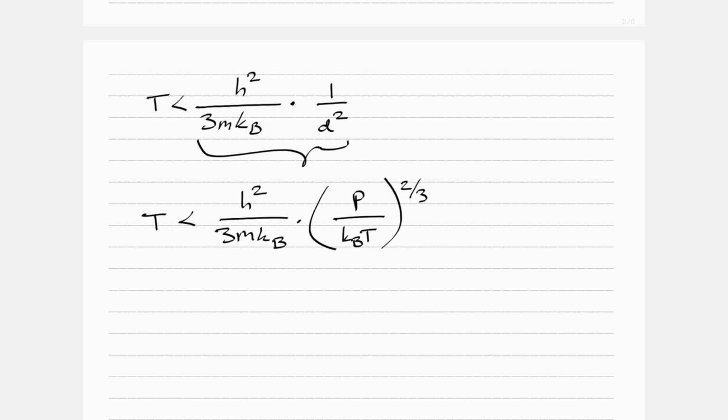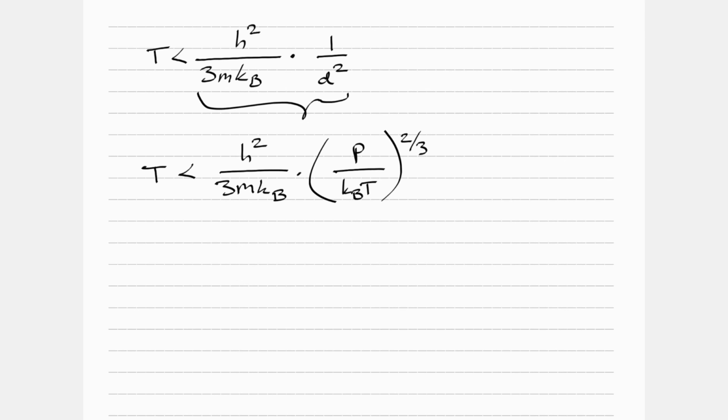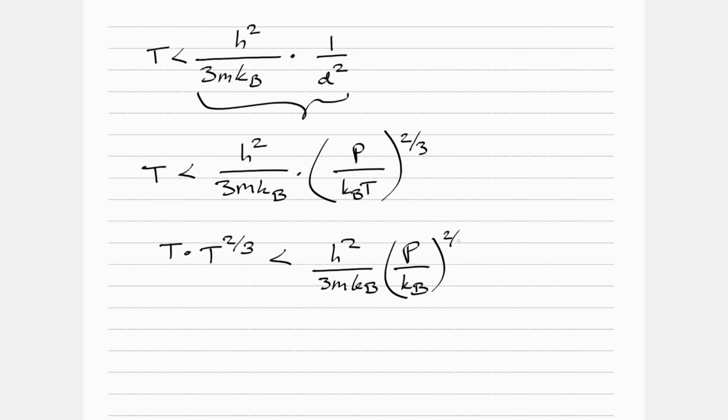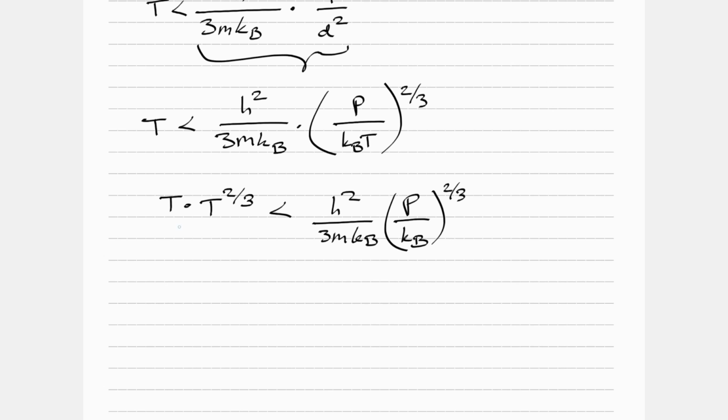T to the minus 2/3 over here means let's multiply both sides by T to the 2/3. So we have T times T to the 2/3 is less than h squared over 3m kB times P over kB to the 2/3. And T times T to the 2/3 is T to the 3/3 plus 2/3, which is 5/3. So T to the 5/3 is less than h squared over 3m, and then P to the 2/3.